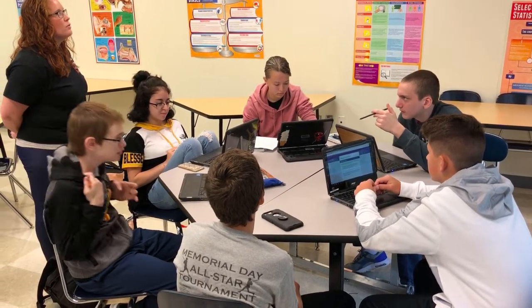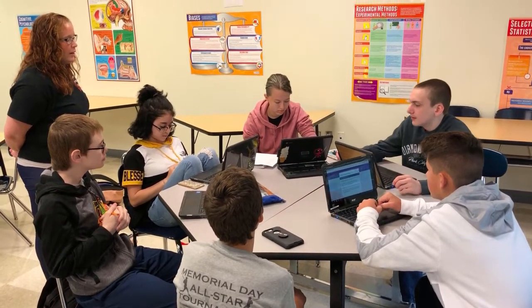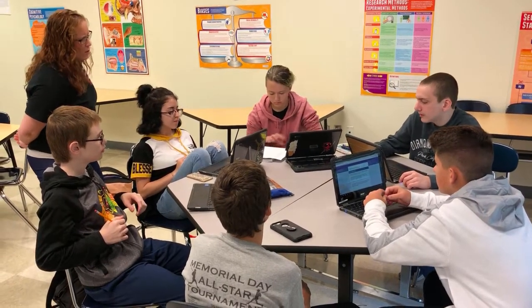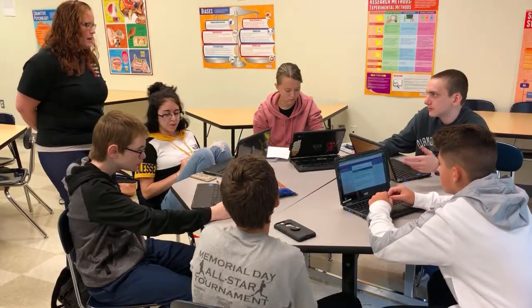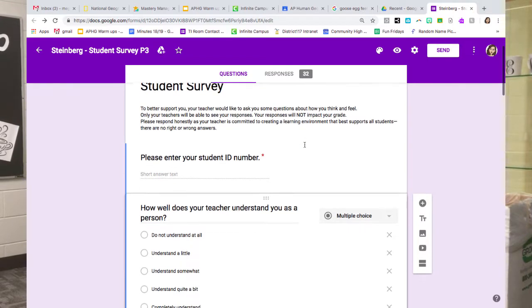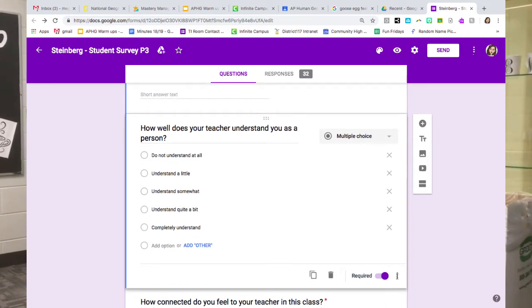So for example, if they chose to be a mainly command economy where the government had control, then it would take them down a route of workers striking and workers being upset at the government decisions. With Google Forms, down at the bottom there's a little settings bar that allows you to choose which section a question will take you to.